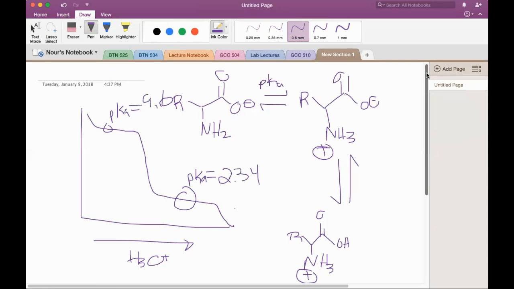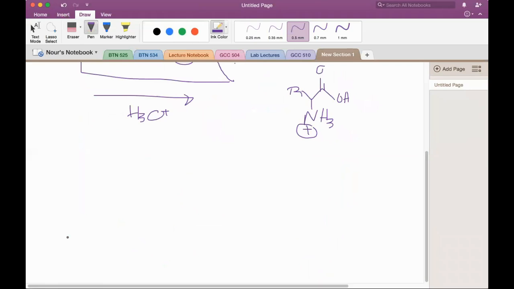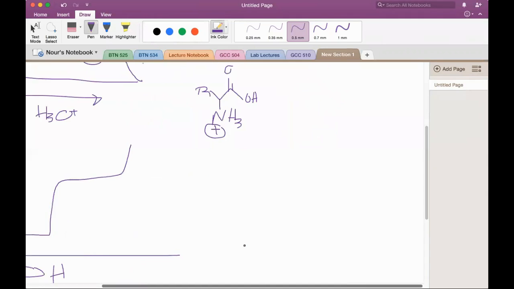And then I think a strong acid, strong base is a lot more obvious, maybe. So you would add strong base to a strong acid. I think it mostly looks like this. But amino acids aren't strong acids, and so that's different.